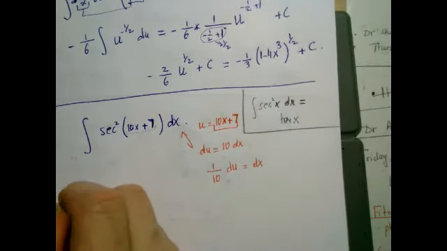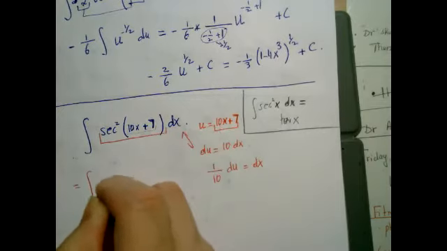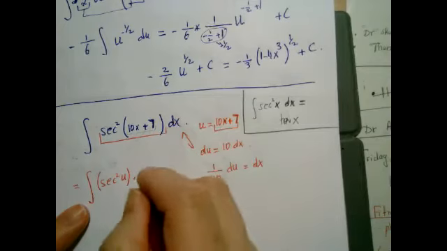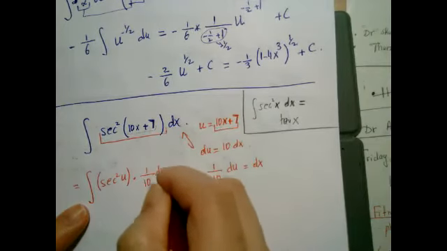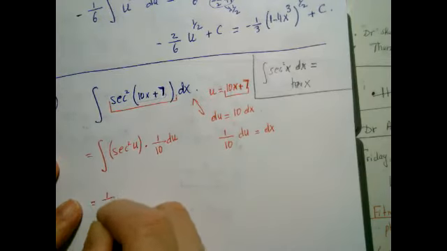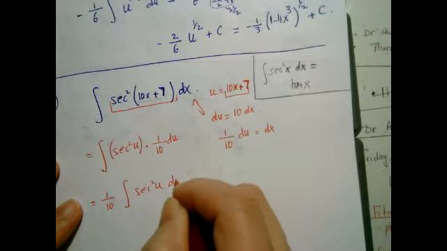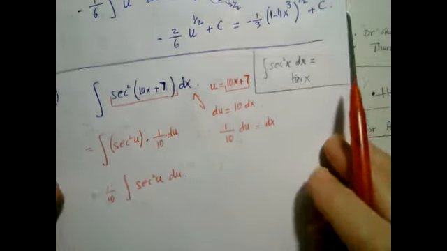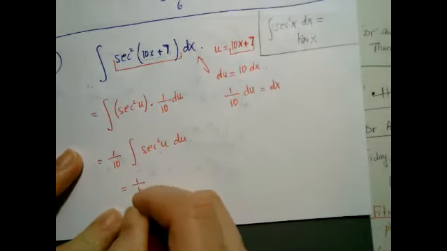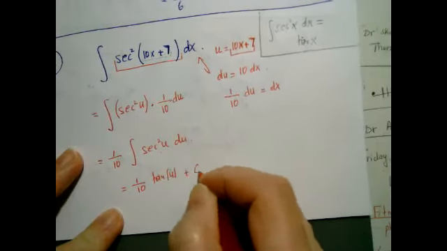And now we do the substitution verbatim. This should be the secant square of u, and this should be 1 over 10 du. Now I can take the 1 over 10 out, and I will be left with the secant square u du. Now we know the antiderivative of secant square, but u is my variable, it's not x. So that's 1 over 10 tangent u plus c.